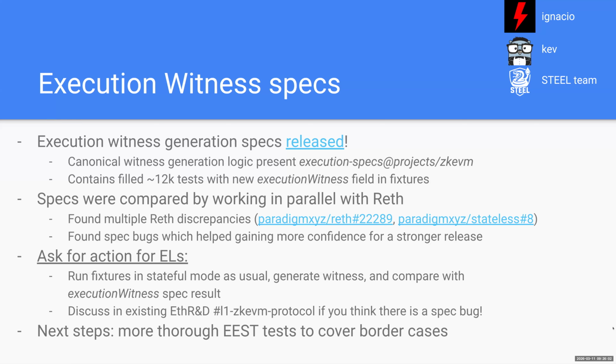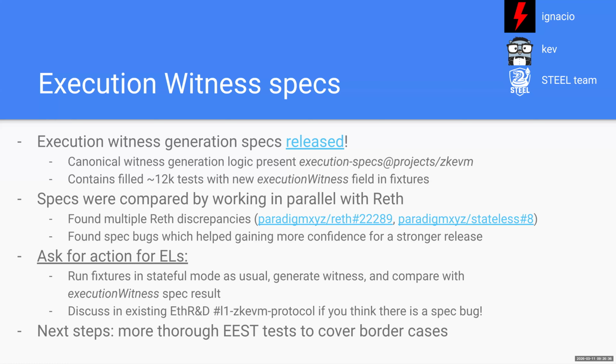And how do you run the fixtures? Right, so the fixtures are exactly the same as you run today in ELs, but the fixture has an extra field called execution witness, which has basically the execution witness that the specs consider to be canonical. So the way you do this is you run the test as usual, but you also generate the execution witness in your EL that you think is correct for this block, and you compare it against this new field in the fixture.